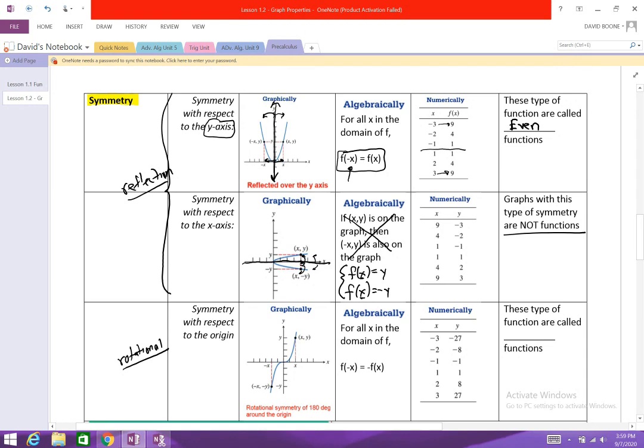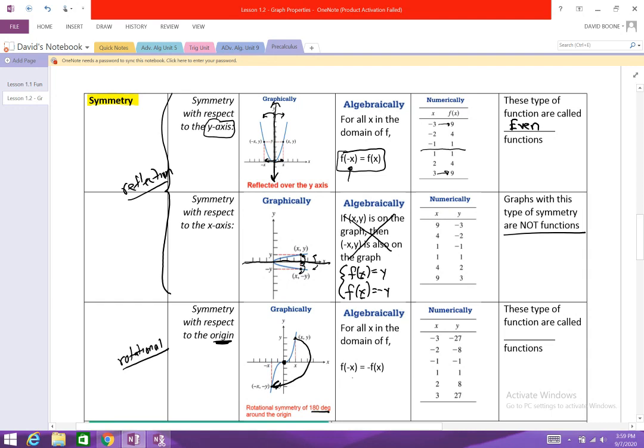Well, with respect to the origin, I'm going to look at the center here, that's (0, 0), and I can spin it 180 degrees around the origin. If I take this point and spin it 180 degrees, I'd end up with the same graph.